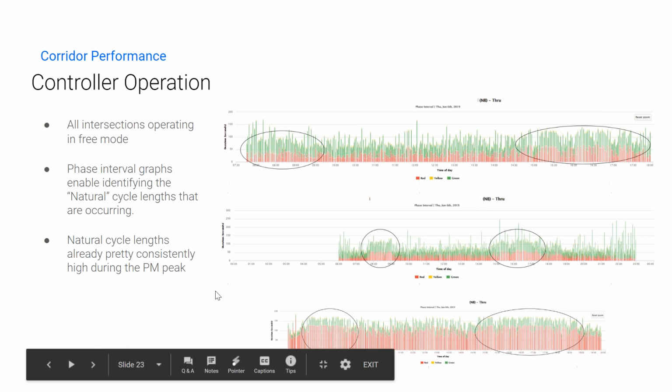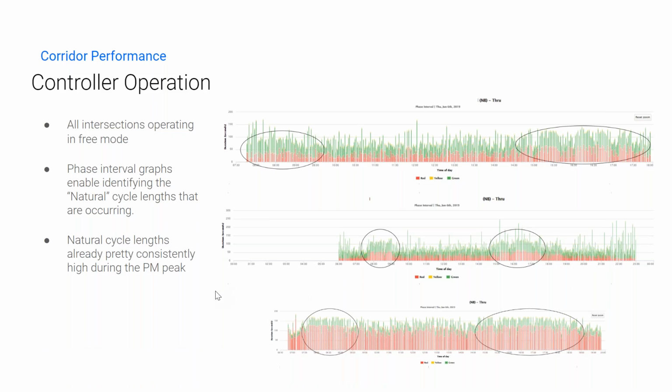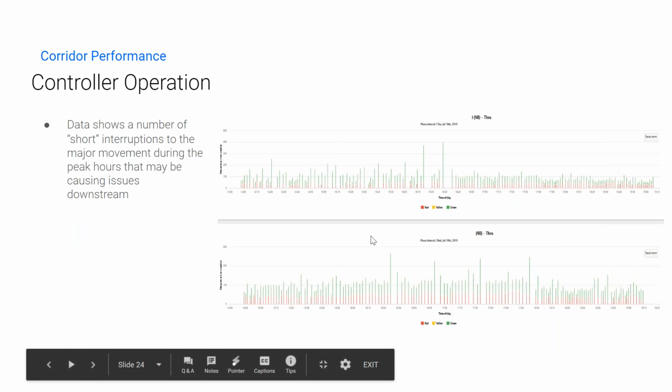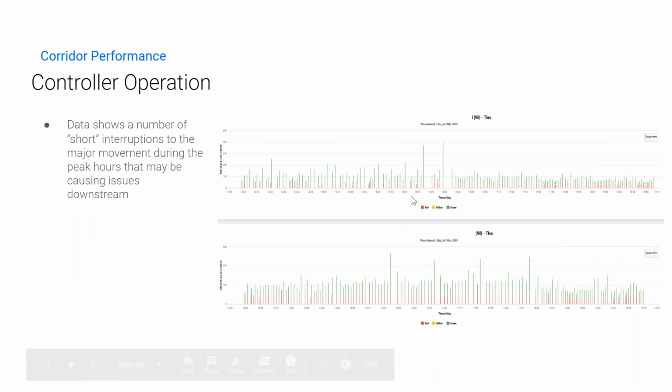So what is the natural cycle length? I can probably use a percentile to be able to find what the optimal is and to be able to implement that. The data also shows, again, this is a phase interval graph, it's showing us the cycles that are happening. Sometimes cycles are really, really short. So the major is being interrupted during a very congested time to service 1 or 2 vehicles on the minor.